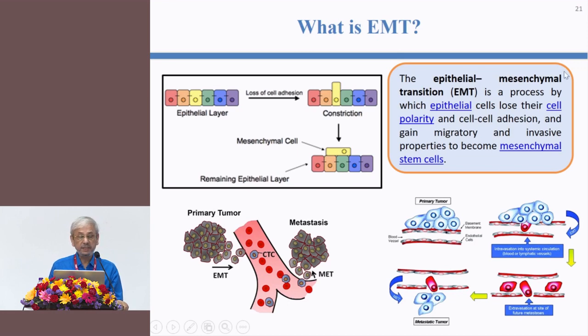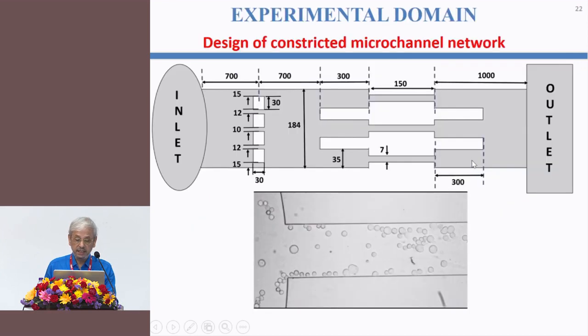This epithelial to mesenchymal transition is a process by which epithelial cells lose their cell polarity and cell-cell adhesion, basically held by proteins, and those proteins are separated out, and the cells gain migratory and invasive properties to become mesenchymal stem cells. And mesenchymal cells are deadly cells. We will show it a little later.